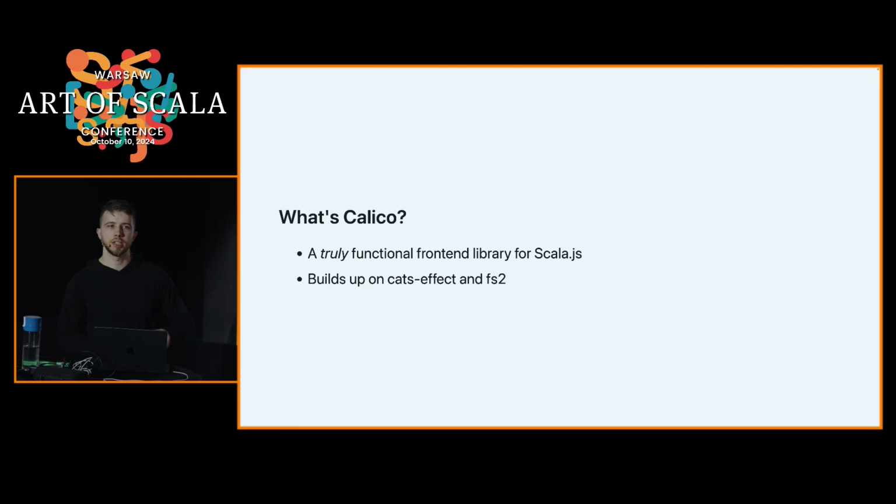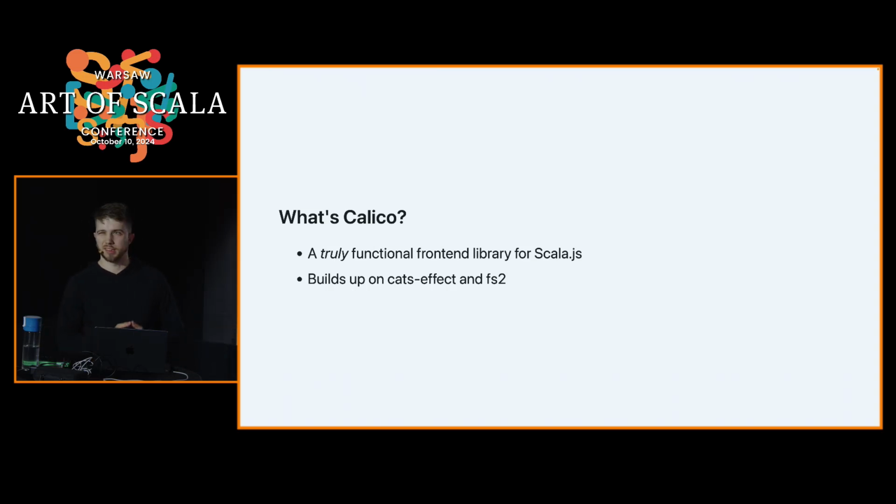So even something like creating a variable to be displayed in your UI should also follow these principles of compositionality and FP. And the way it does that is very simple. It just builds up on other libraries that have been doing this for years and years, like Cats Effect and FS2.